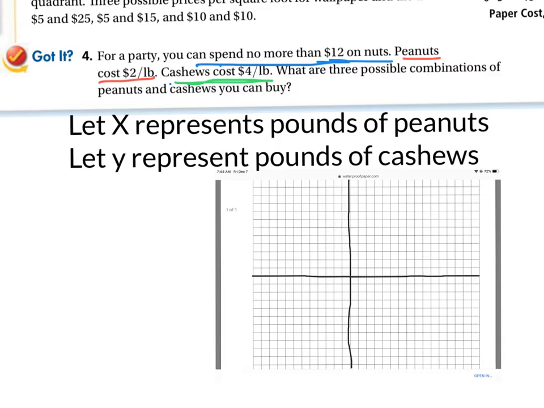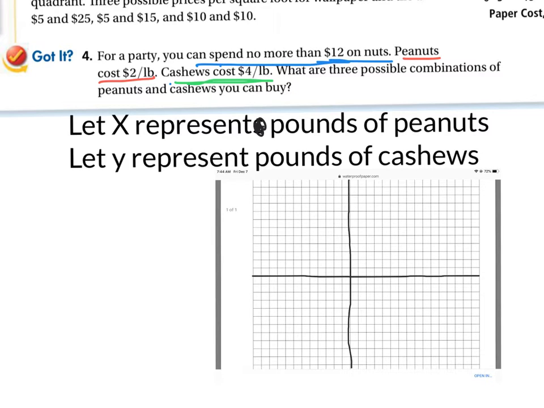The book had let x equal, let y equal. So we're going to try and use represent instead. Let x represent pounds of peanuts, let y represent pounds of cashews. Then we can come up with an inequality to see what some different options are for us to buy.